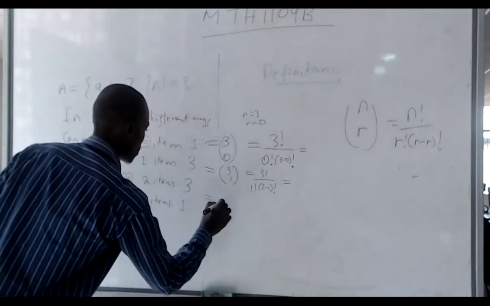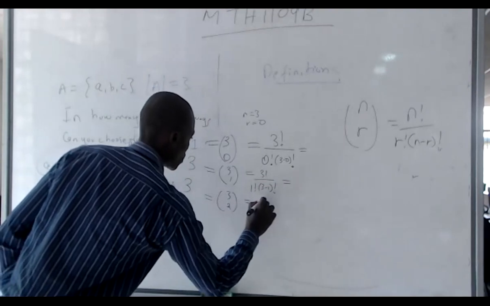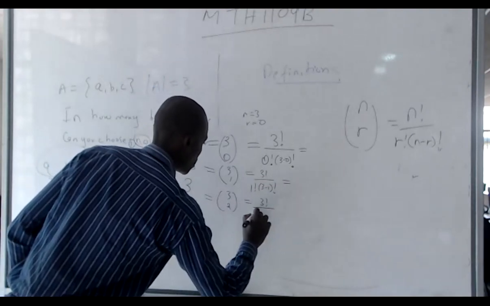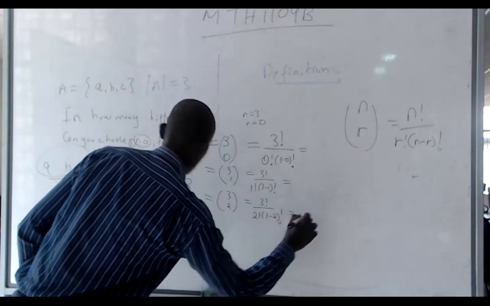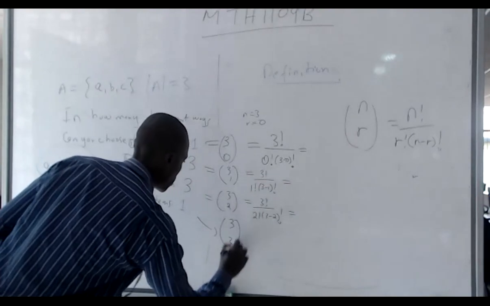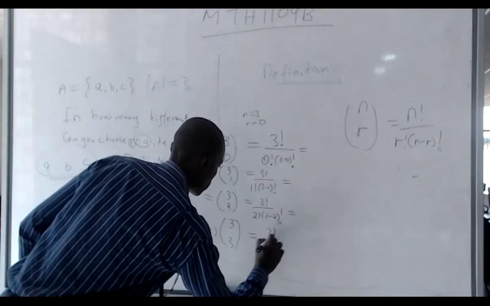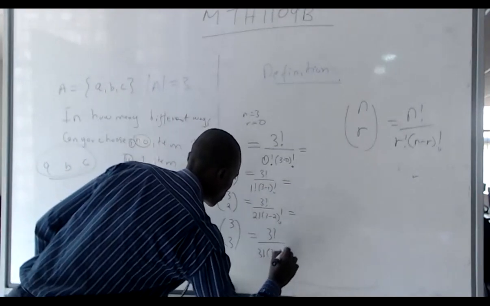The next one is 3 combination 2, which is 3 factorial divided by 2 factorial times 3 minus 2 factorial. Lastly, 3 combination 3, which is 3 factorial divided by 3 factorial times 3 minus 3 factorial.